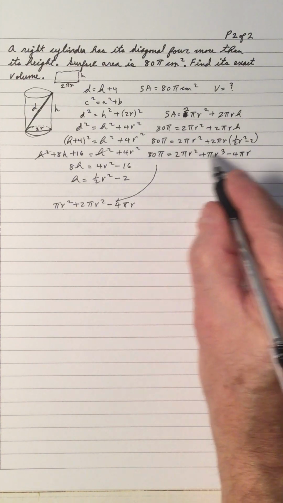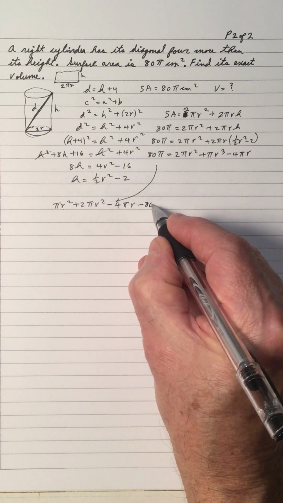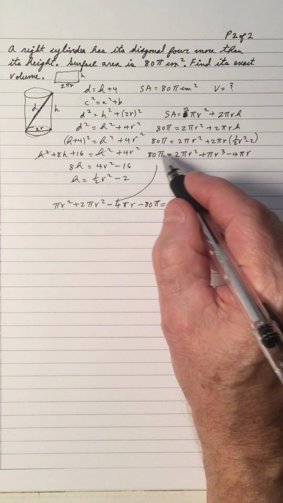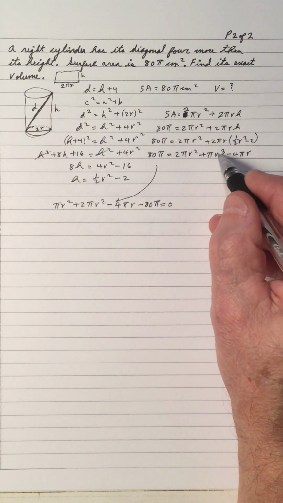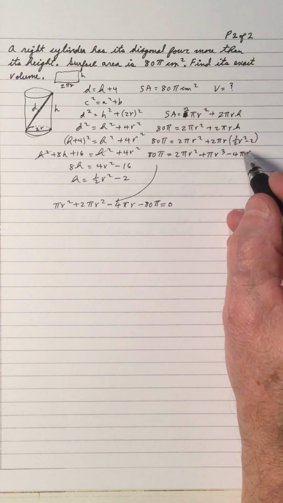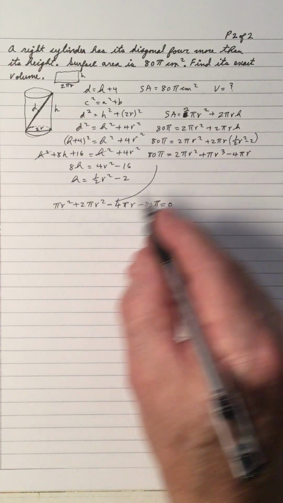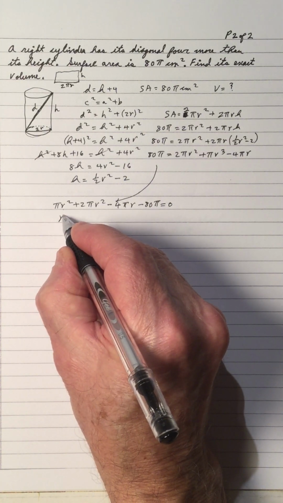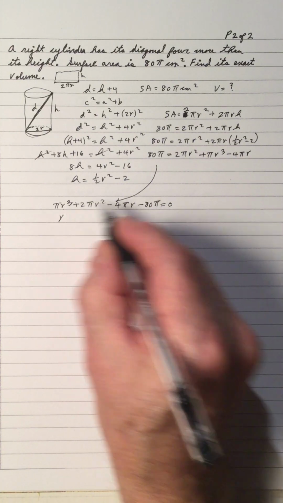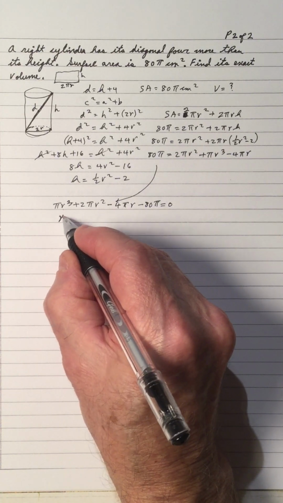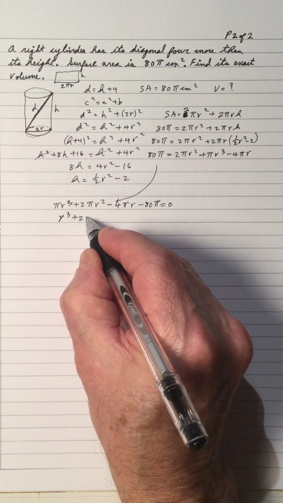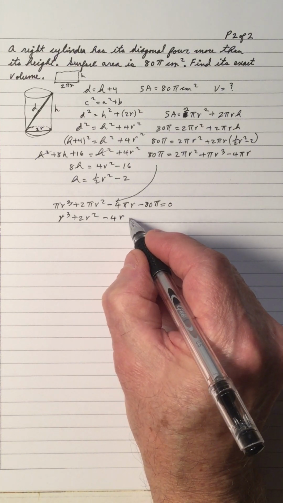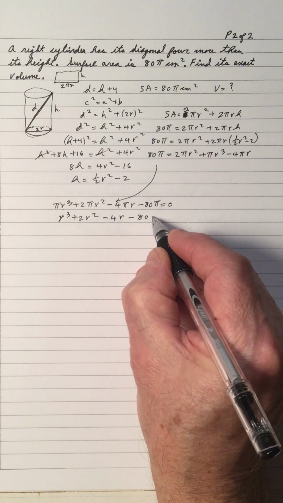We bring the 80 over to make it minus 80 pi, and that equals 0. Notice that pi is in every term, so we divide by pi. We get r cubed plus 2r squared minus 4r minus 80 equals 0.